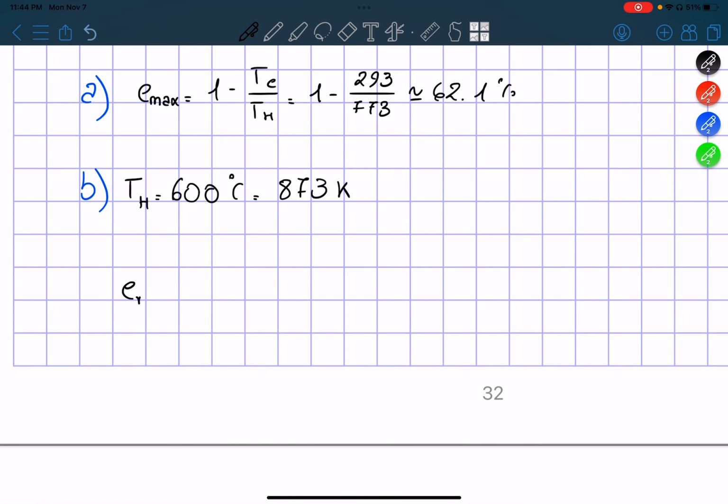The maximum efficiency is going to be equal to 1 minus temperature cold over temperature hot, which is 1 minus 293 divided by 873, about 66.4%.